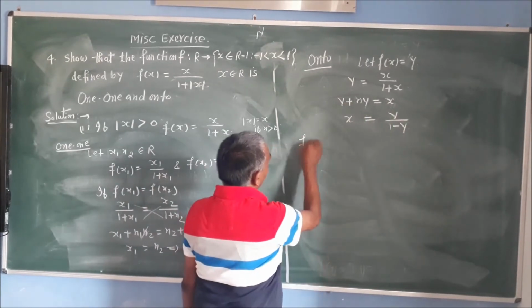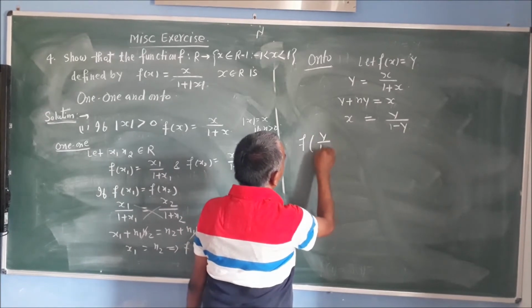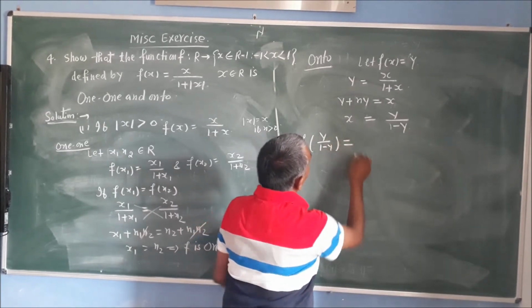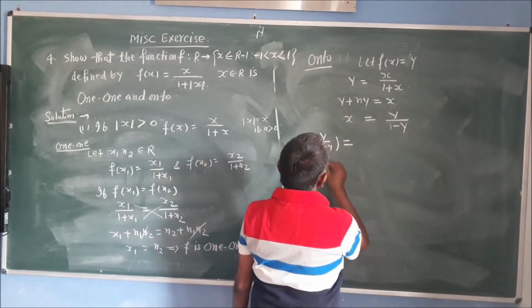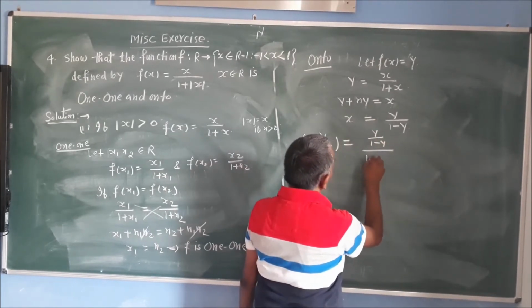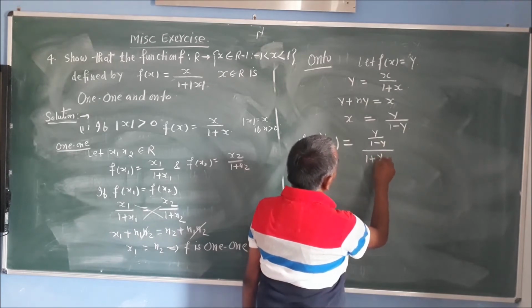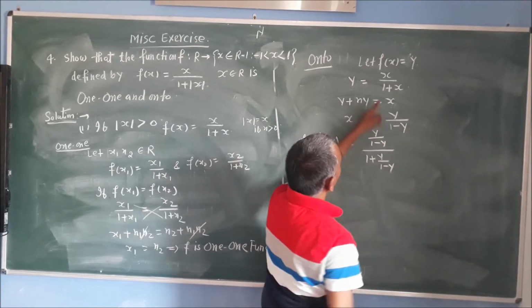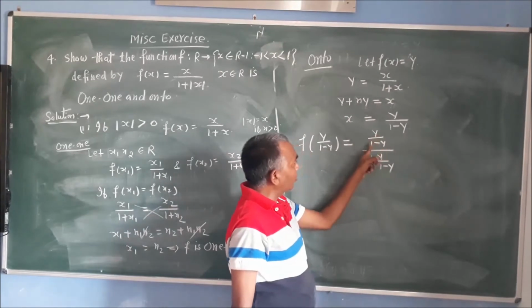And after this you calculate the value of f of y upon 1 minus y. So this will be equal to y upon 1 minus y whole divided by 1 plus y upon 1 minus y. In place of x, you write y upon 1 minus y.